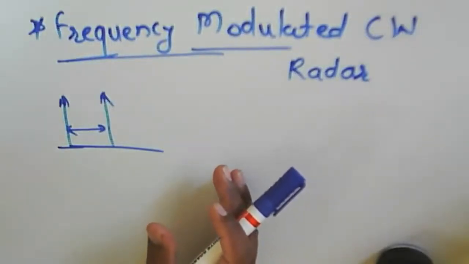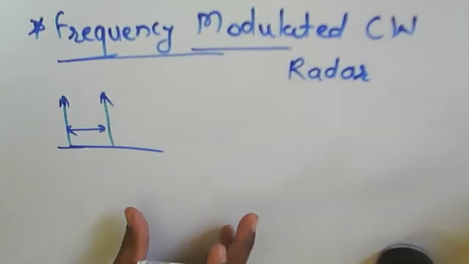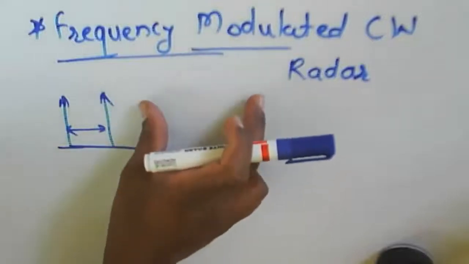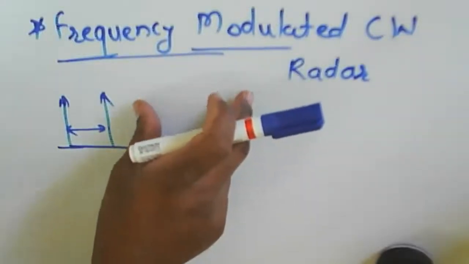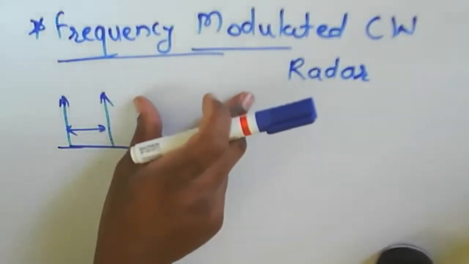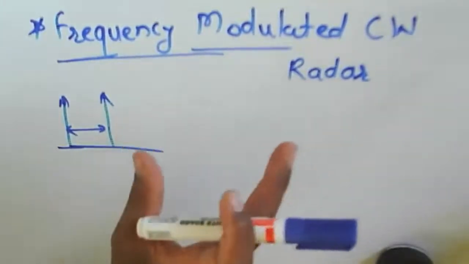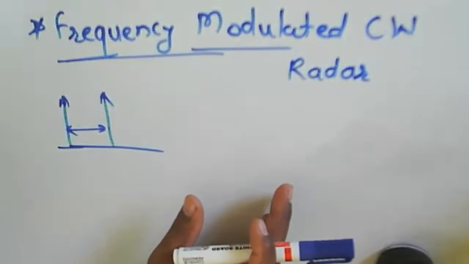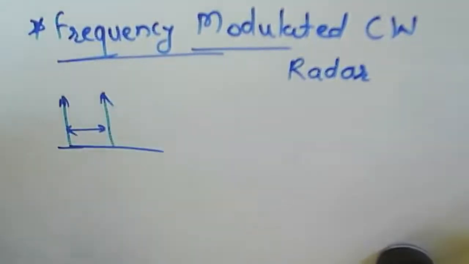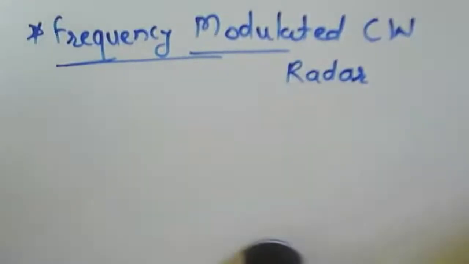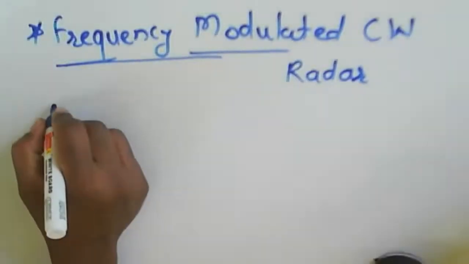That's why a frequency modulated radar is used at the transmitting site. The transmitted frequency changes as a function of time in a frequency modulated radar.